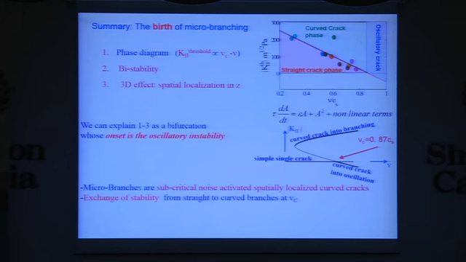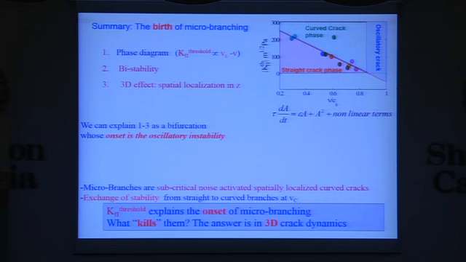So the picture that I'd like to show you is that microbranches are subcritical, noise-activated, spatially localized curved cracks. And this threshold that we just saw actually explains the onset of the microbranching instability.